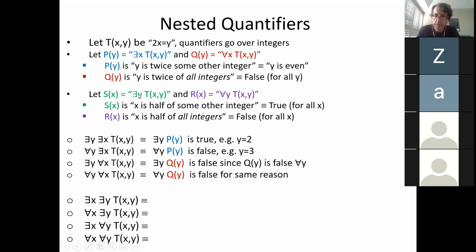Okay, that there exists a number. Now, once you understand that this is what the inner predicate says about x, that there exists a y such that 2x is y, what does it say? That x is half of some other integer. So in other words, if I take twice x, I get an integer.